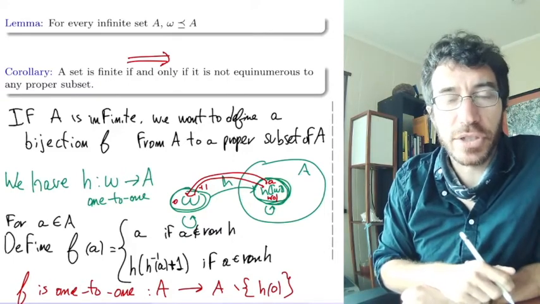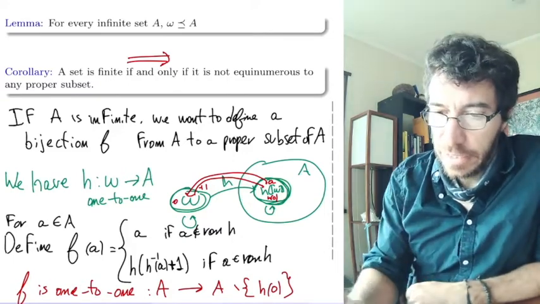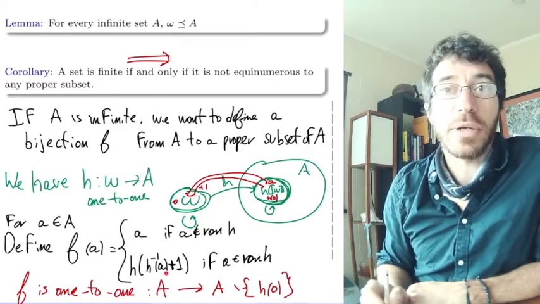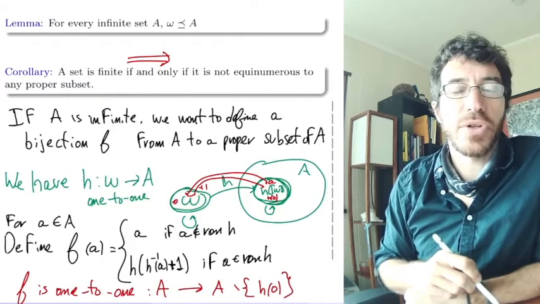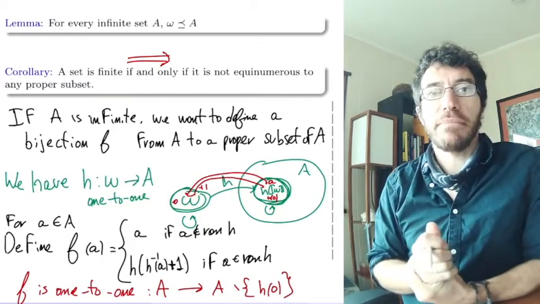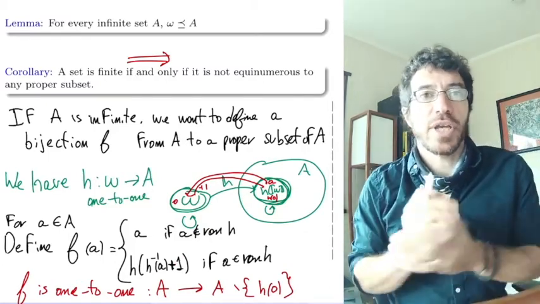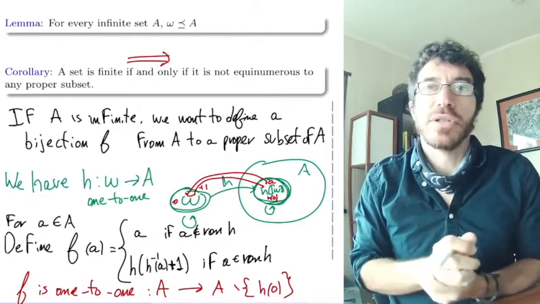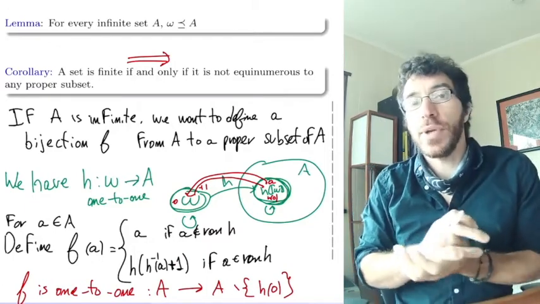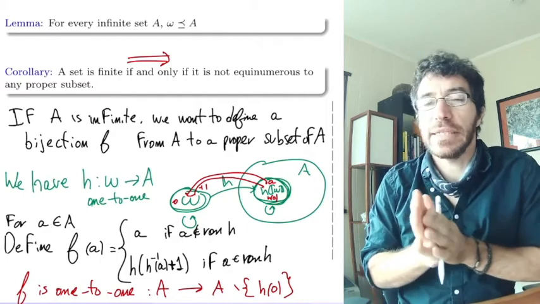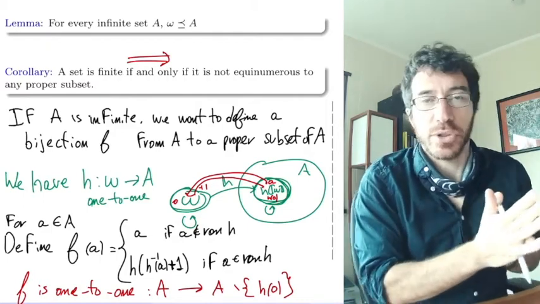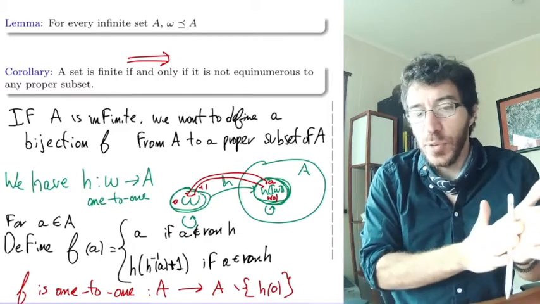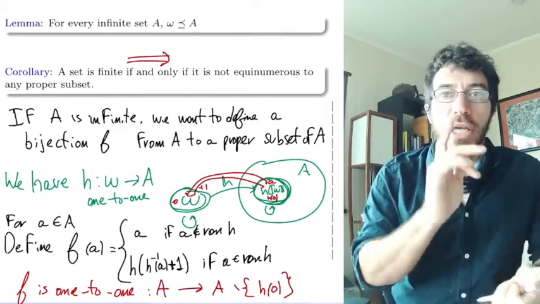Because the image of 0 is never H of something plus 1, because this something plus 1 is never 0. Okay, so in the infinite case, you can map to a proper subset. In the finite case, you cannot, and this is a characterization of being finite. So we could have used this one as a characterization of what it means to be finite, and then do a proof that being finite is equivalent to being equinumerous to a natural number. Some people do that, depends on the textbook. Okay, see you in the next video.